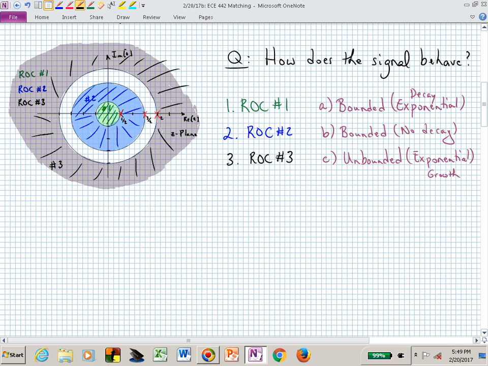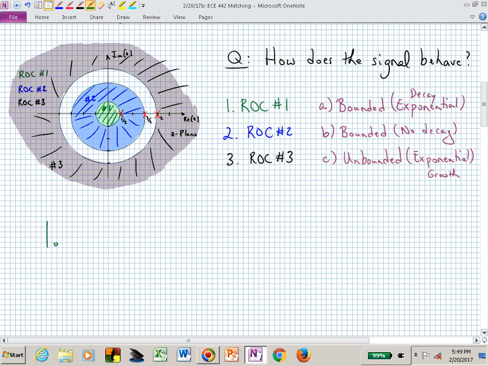Okay? And those I want you to associate with these same 3 pole locations and these regions of convergence. In this case, let's start with the green, region of convergence number 1. And at the count of 3, A, B, or C. Are we ready?